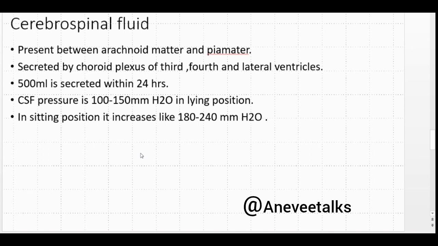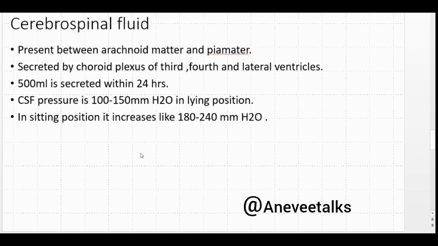So this is about the spinal cerebrospinal fluid. It is present between the pia mater and arachnoid mater, in the subarachnoid space, and it is secreted by the choroid plexus of the third, fourth, and lateral ventricles. Daily they will secrete a total of 500 ml of cerebrospinal fluid.